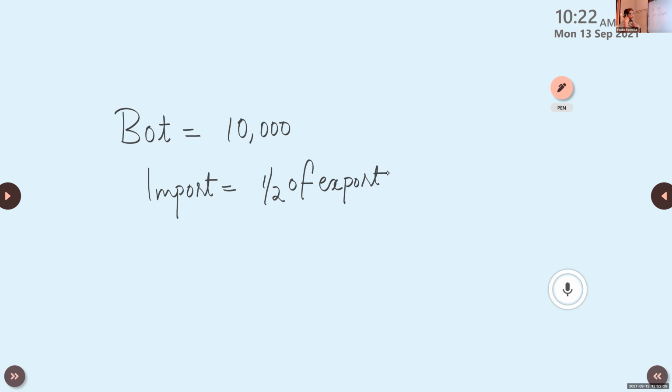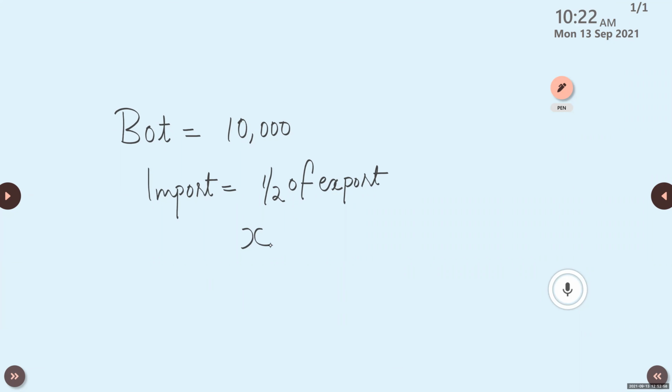Okay, so what is export here? Whenever you don't know any number, what will you keep? X. Import is given as half of export. Do we know export? No, ma'am.